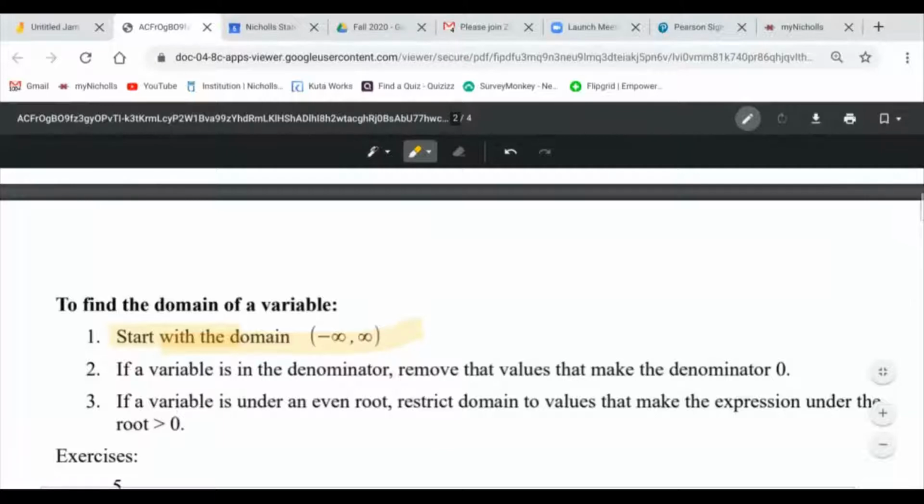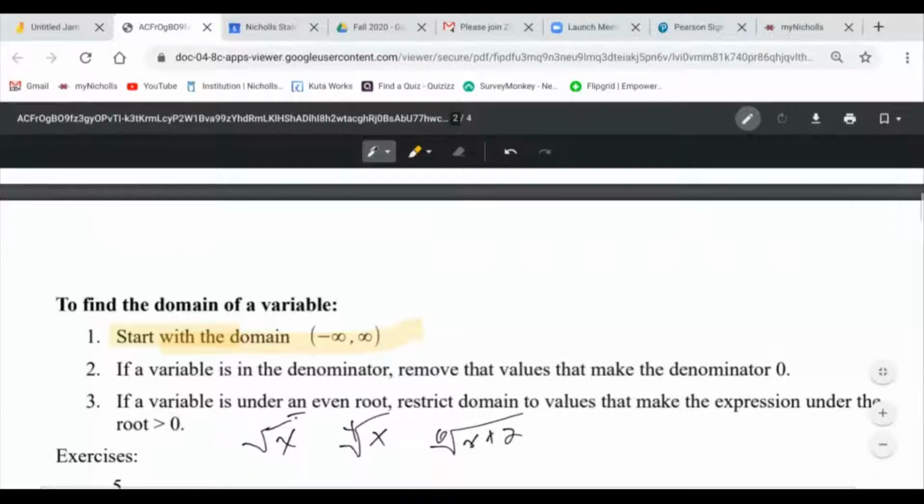And then the next thing we need to do is see if the variable is under an even root. What I mean by that is a square root, or x under a fourth root, or some algebraic expression of x. Let's say it's a sixth root, and we have x plus 2 under that root.